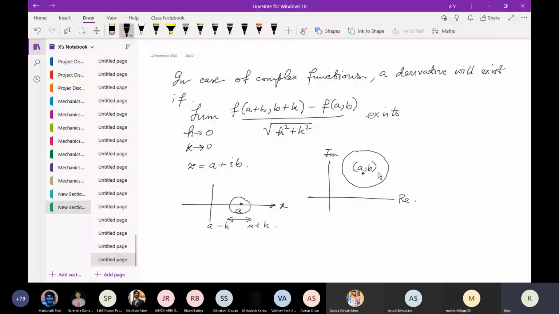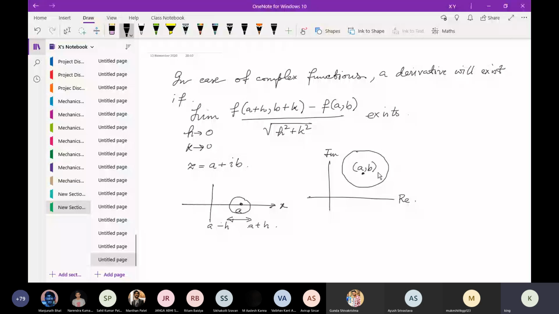So this definition of limit itself has to be reformulated, and we also have to think of how to redefine this business of uniqueness of derivatives.